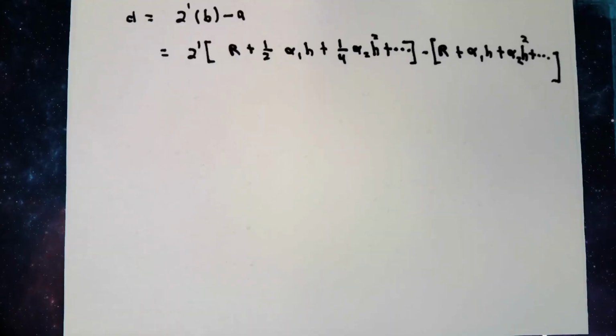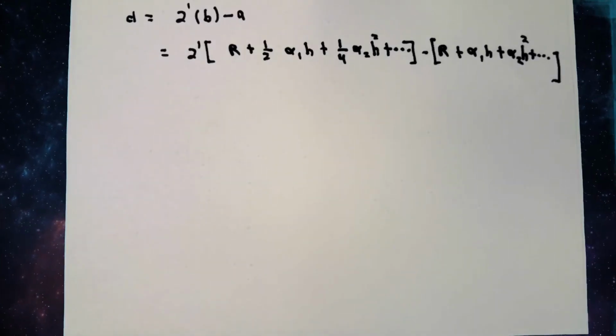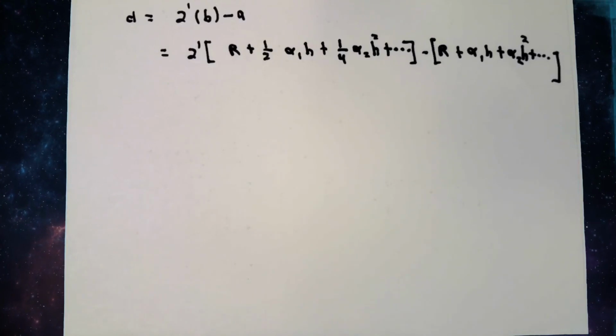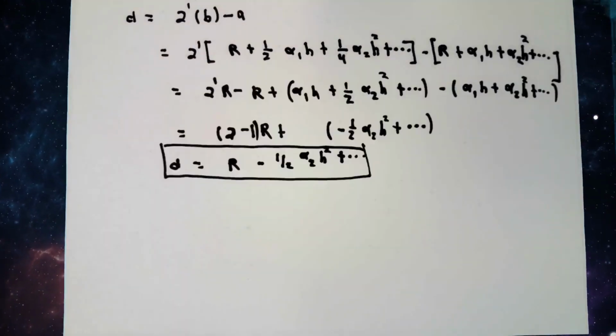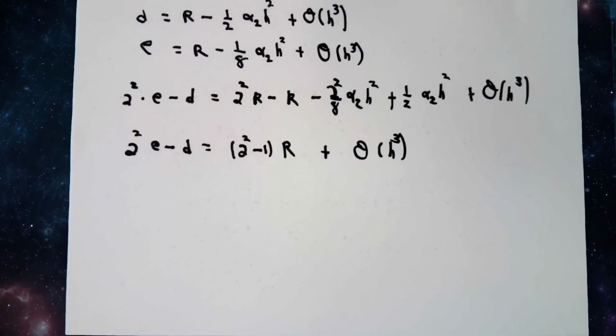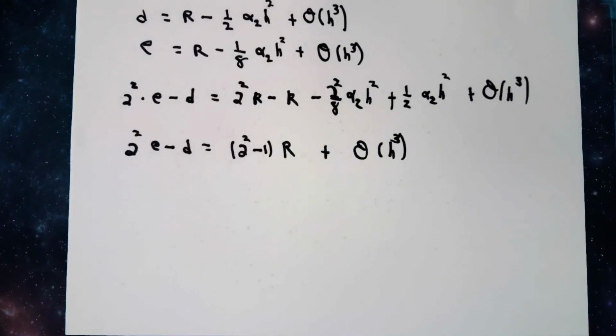We can work the algebra out for d and simplify. Likewise, we can work the algebra out for e and simplify. This is going to form the basis of a conjecture.